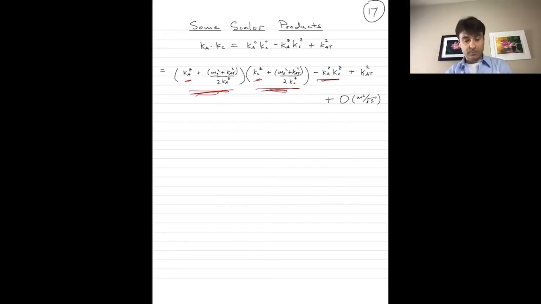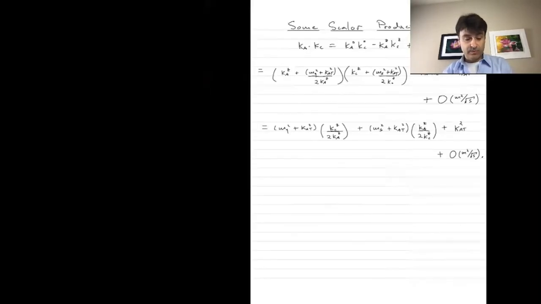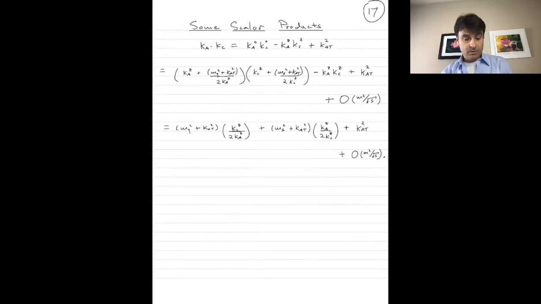And this is, of course, all up to these terms that are going to 0 as square root of s gets large. Okay, so I'm just expanding out what I had up here on the previous line. This is after I've canceled the Kaz, Kcz with this combination. Then I just have ratios of Kcz and Kaz here and here, still carrying along the Kat squared.